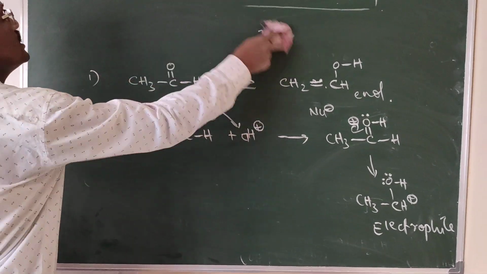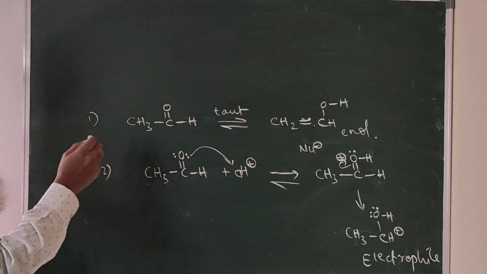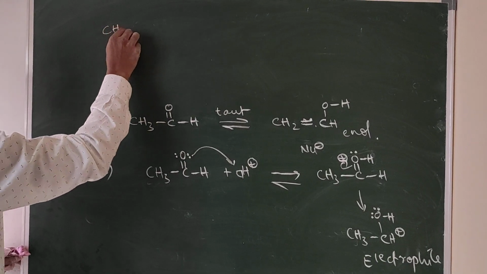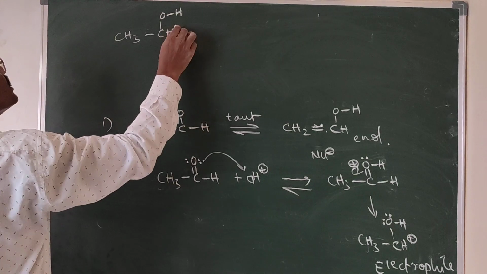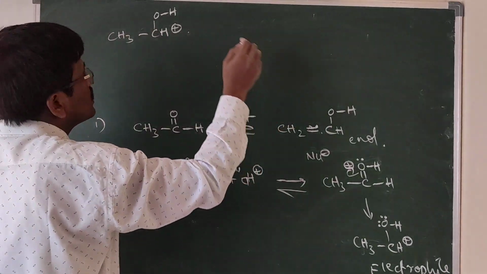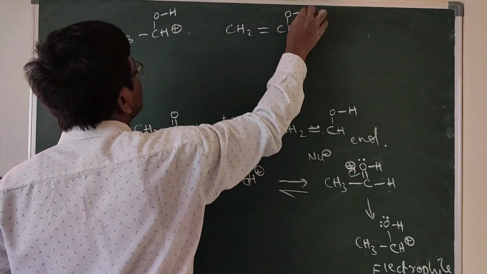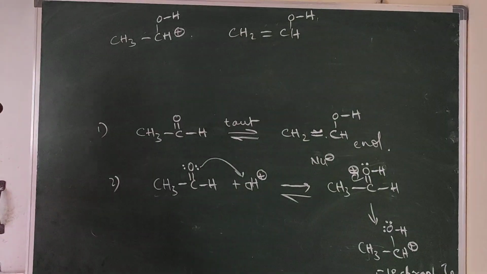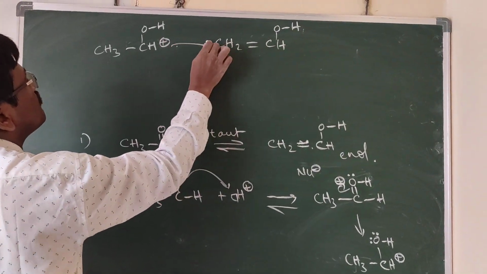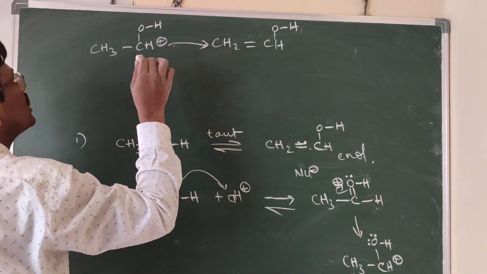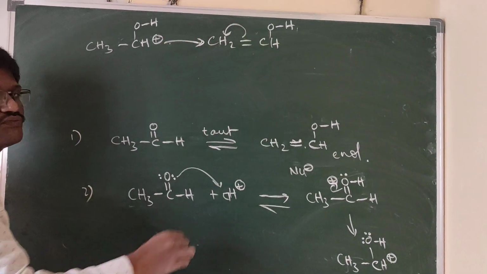In the third step, this carbocation will combine with the nucleophile. Carbocation is nothing but an electrophile. The electrophile attacks this carbon, and the pi electrons also transfer to the same carbon.